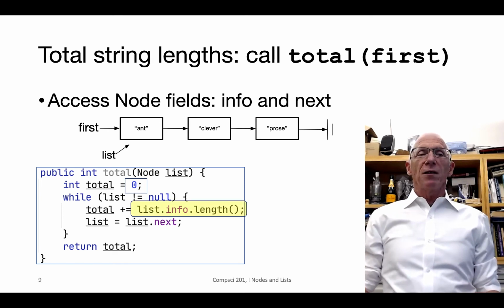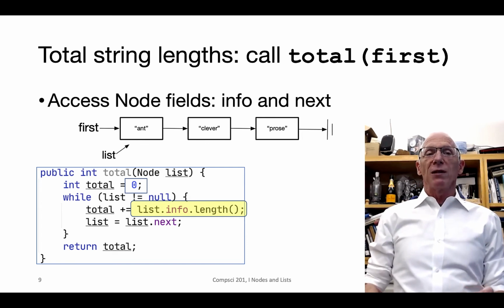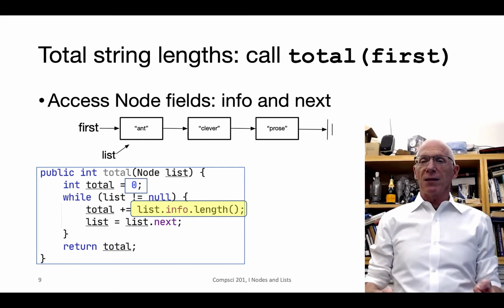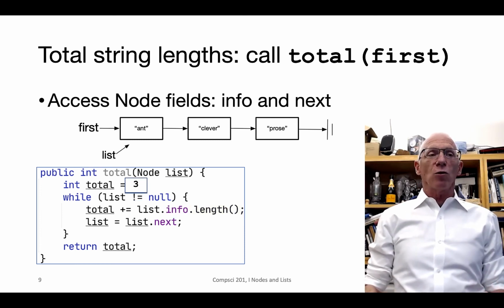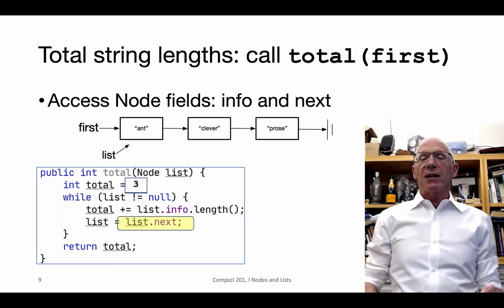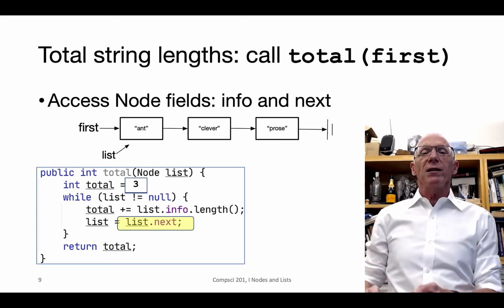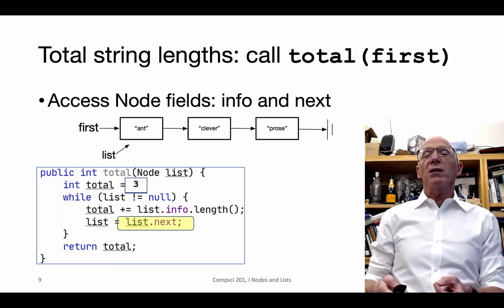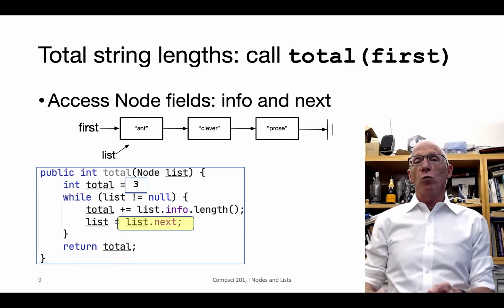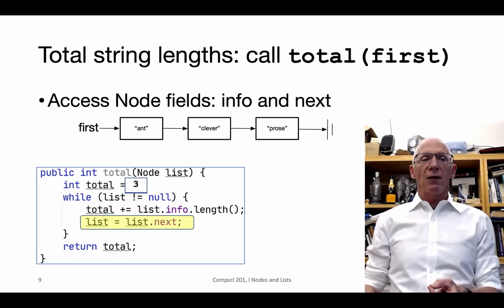We go into the body of the loop and we evaluate list.info.length. That's the length method applied to list.info, and we can see in our diagram that that will be 3. So when we add that to total, total will become 3, as we see in our animated slide. Then list gets list.next. First we evaluate the right-hand side and ask, what is list.next? Well, we can see in the diagram that's a pointer to clever. And so list will now be a pointer to clever.